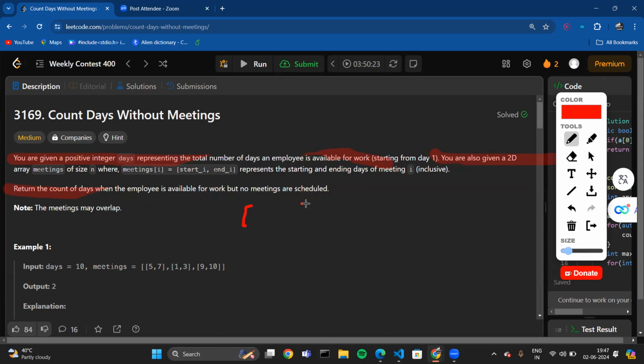In a particular entry, let us say this is X and this is Y. I know that Y will always be greater than X. So if I sort the 2D array according to this starting time X, then the next entry, say X2, Y2, will have a start that is either greater or equal.